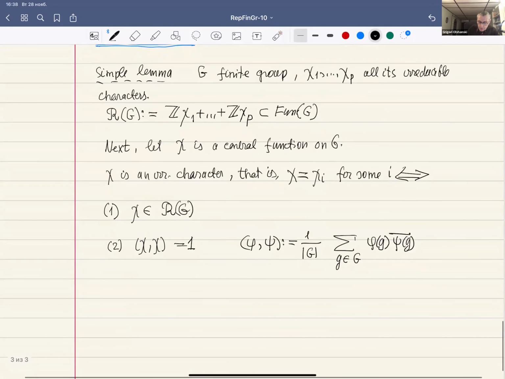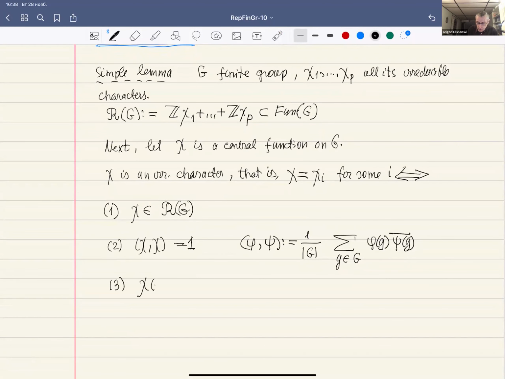And the last condition says that the value at the unity element should be positive. So these are the properties. These properties obviously are satisfied if our function is indeed one of the irreducible characters.